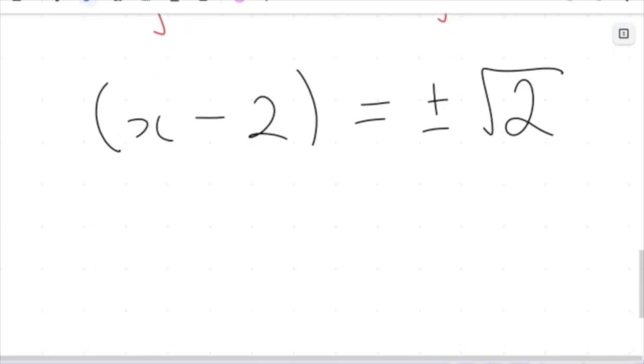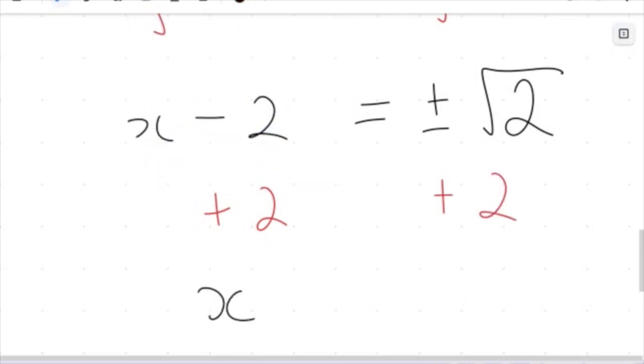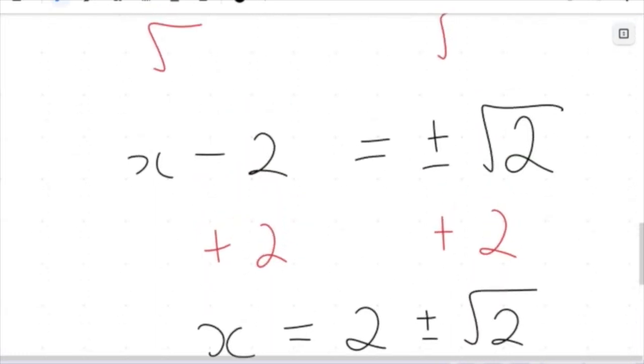And now that we're here, I just have x minus 2 equals plus or minus root 2. And I just want to add 2 to both sides, to leave me with x on its own here. And then I have 2 plus or minus root 2. Now it's important to note something here.